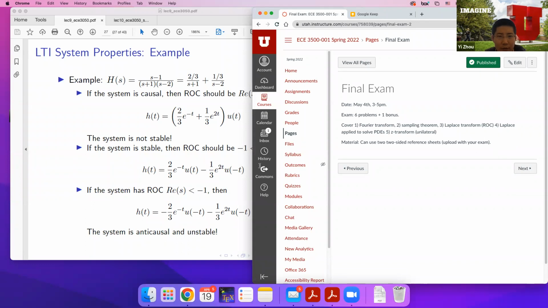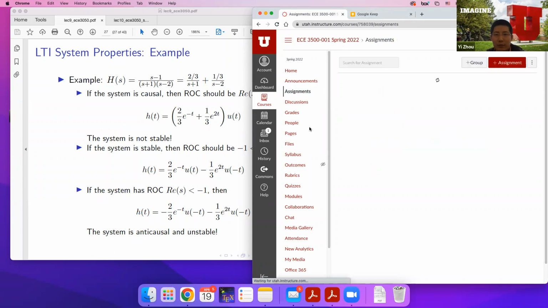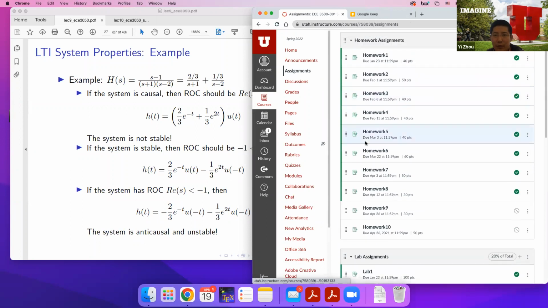The last homework, I'm going to post it. Did I? Oh yes, I forgot to publish this. Sorry about that. Let me see.